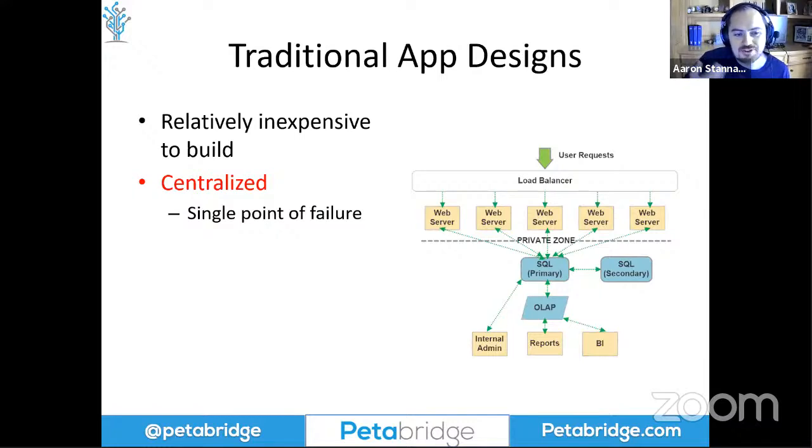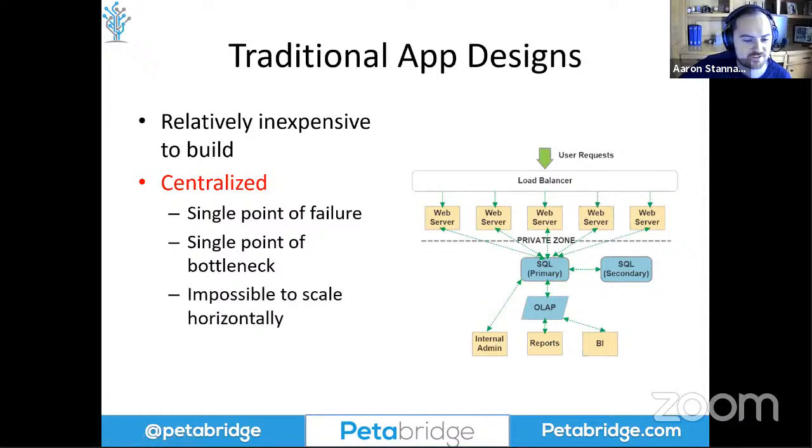But those centralized resources inside our network, even though we might be able to work around making them a single point of failure, they still become a single point of bottleneck, which is actually a more expensive problem to solve. Because as a result of the source of truth being concentrated in one place, every other service on the network needs to go to that location in order to do its job. And it's very difficult to scale around that.